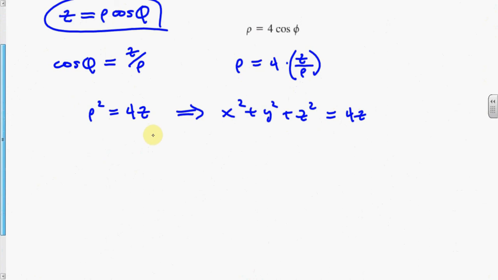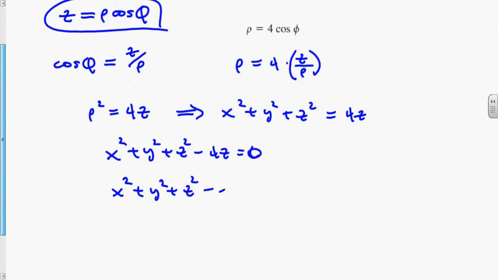I take that back. It's not an elliptic cone. This is x squared plus y squared plus z squared minus 4z equal to 0. Complete the square on that z. Take half of the negative 4, we get negative 2. We square that, we get 4. Add 4 to both sides.